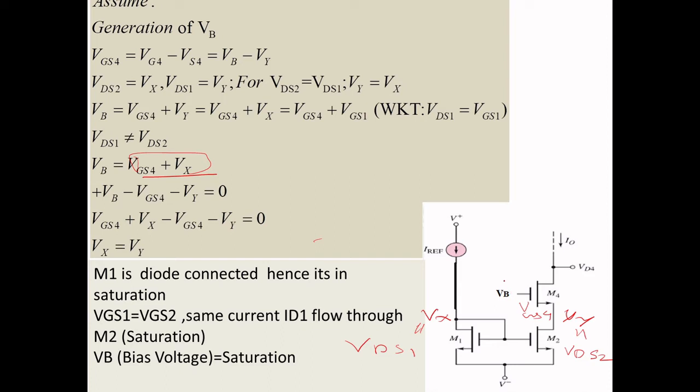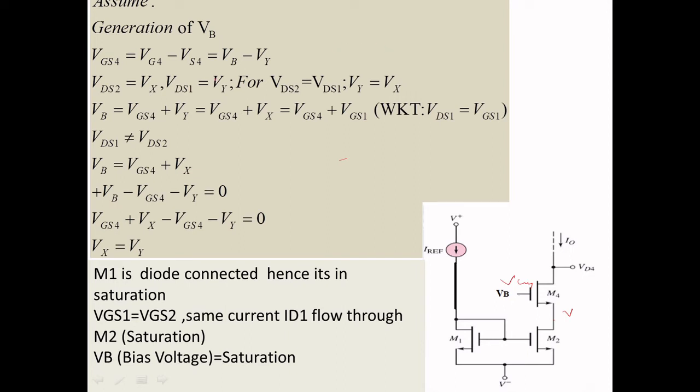This point is your VG4, this point is your VS4, so VGS4 is VG4 minus VS4.